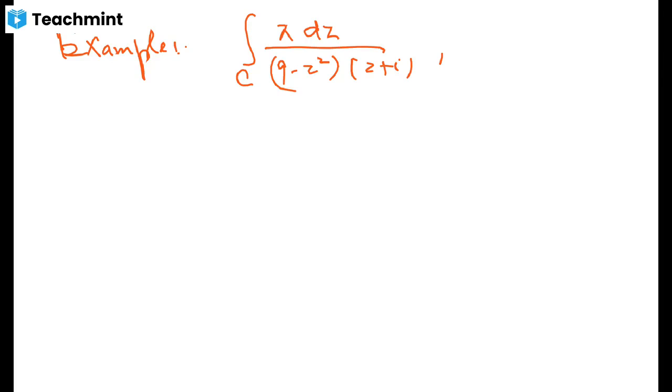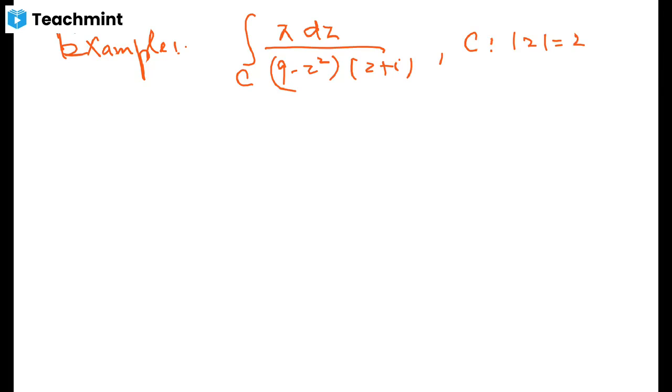Let me consider an example. Let me integrate this integral over C. It is z dz upon (9 minus z square) into (z plus i). So the first thing is you need to identify what the contour is. The contour given is a circle of radius 2 with center 0.